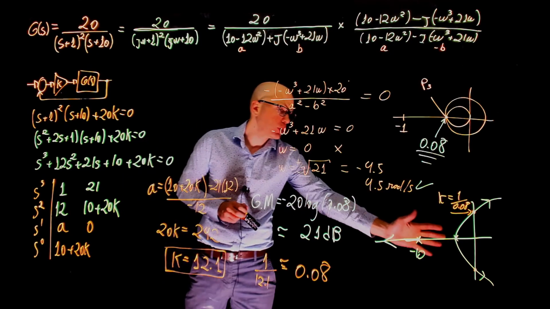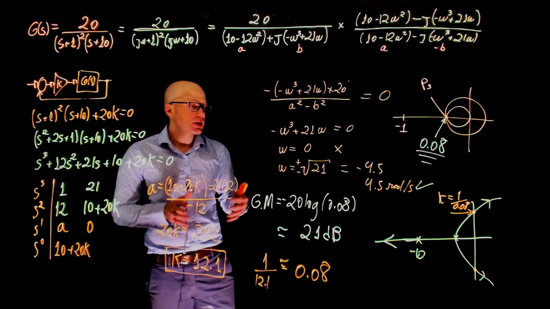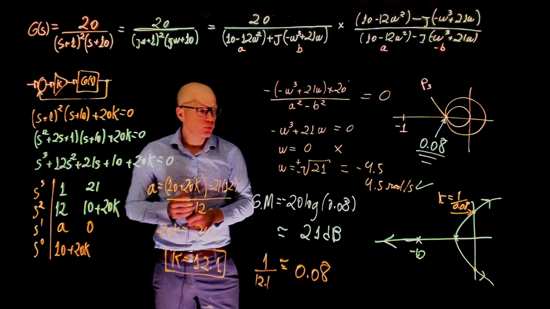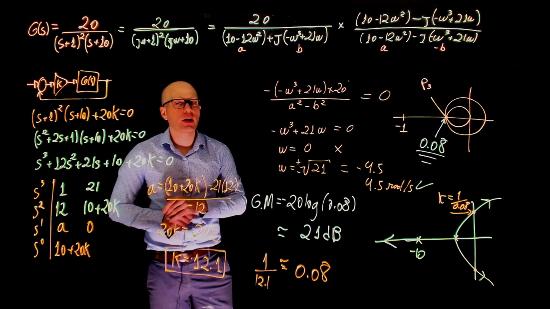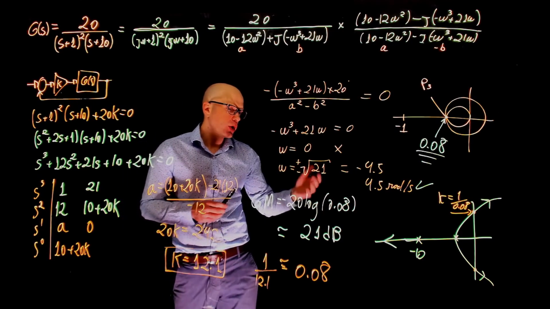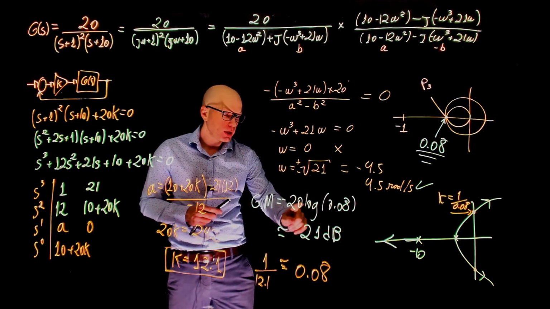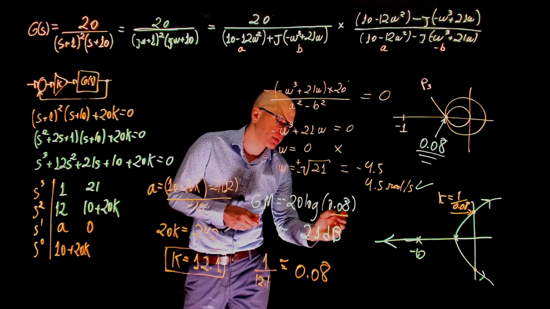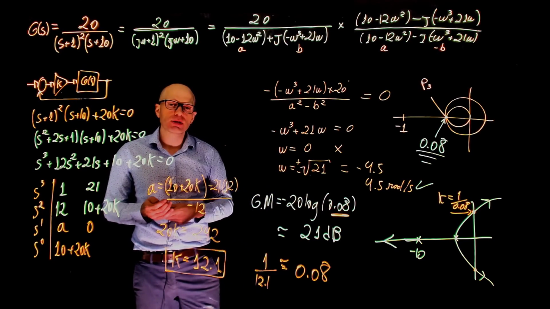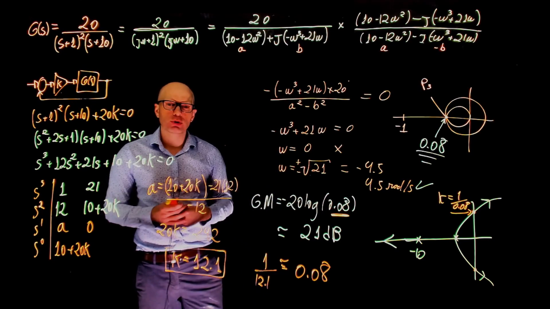We looked at the root locus. The root locus says the same thing. Past a given value of k, the system has two unstable roots. What is that value of k? Well, from the phase margin, we concluded that it was 21 decibels, or 20 log of 0.08. This means that if you add 21 decibels, the system becomes closed loop unstable.